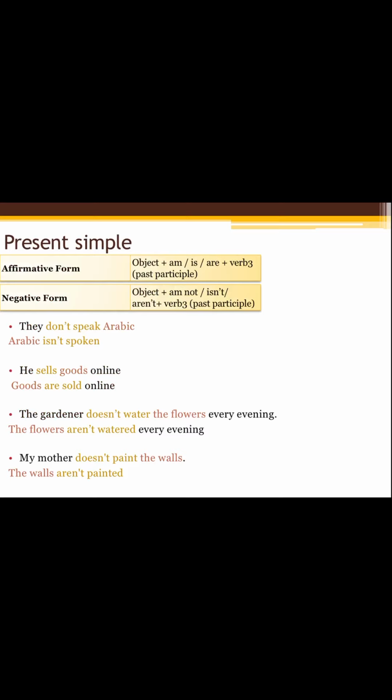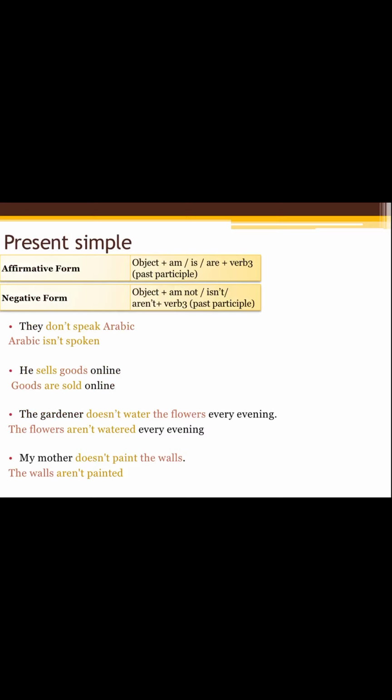We have plural, so we put are. The first sentence is in the negative form, so surely the passive sentence will be in the negative form: aren't, and verb 3 from water: water, watered, watered. Then we add the complement, every evening. So the flowers aren't watered every evening is the passive sentence.